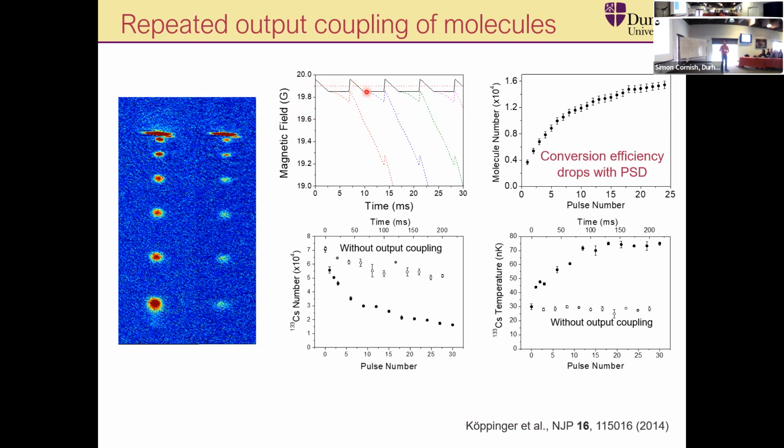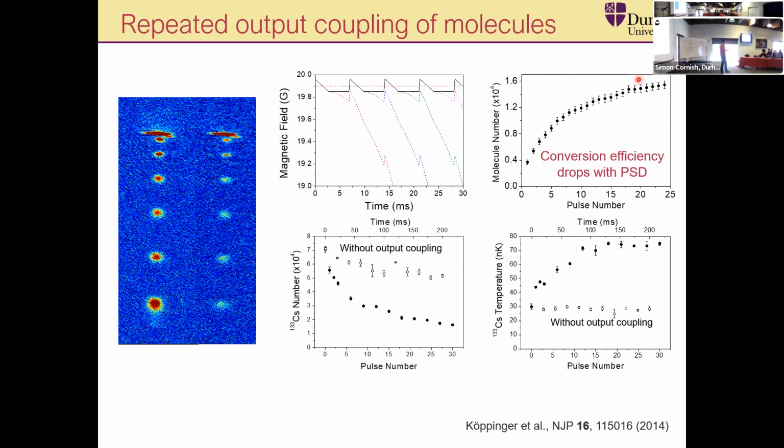We can do that many times, getting pulses of molecules coming out of the atomic BEC. What's nice about this is it really shows how the conversion efficiency depends on the phase space density. Initially I have a BEC, so I get good conversion, but with each pulse I'm depleting the BEC, and the conversion efficiency is dropping.